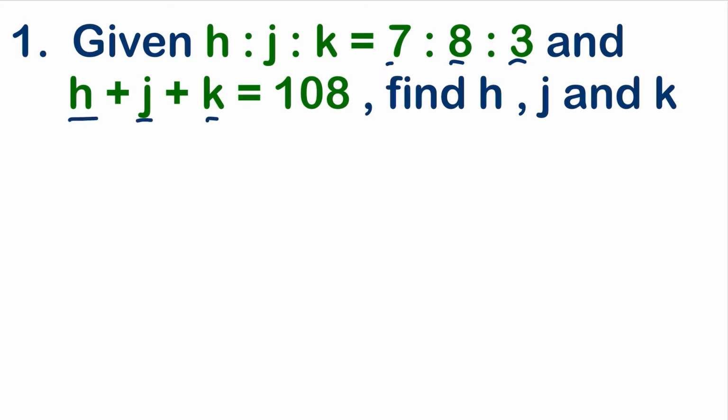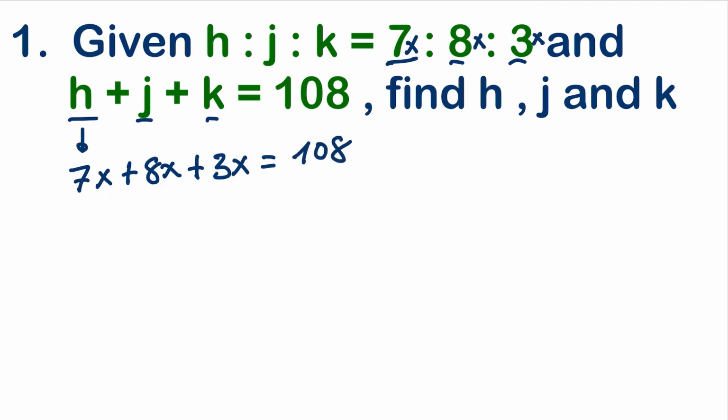Since we don't know it yet, we can call it x. So h is 7, so we are going to have 7x, plus j will be 8x, plus k is 3x, and this will be equal to 108.